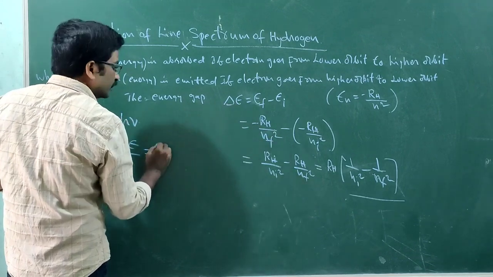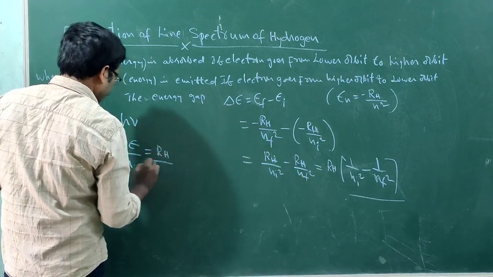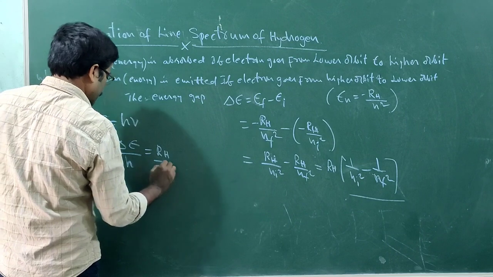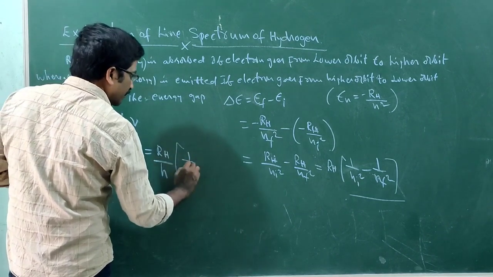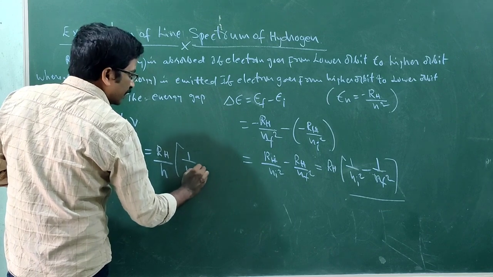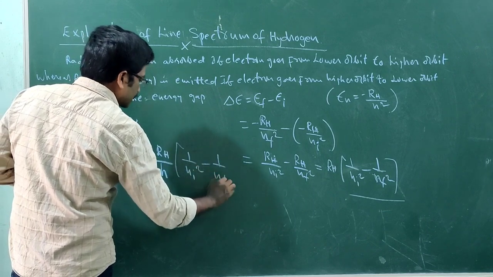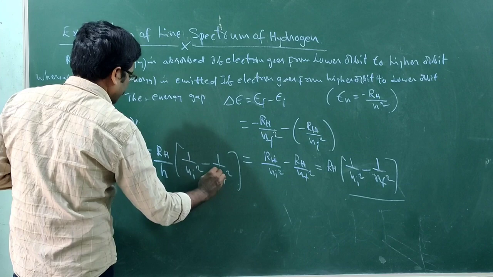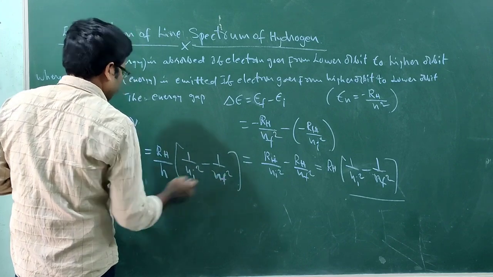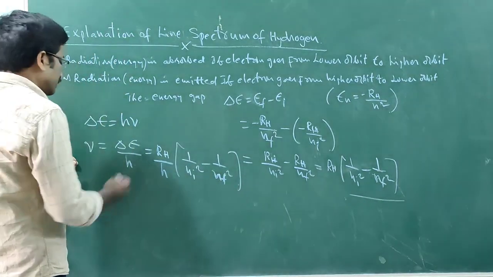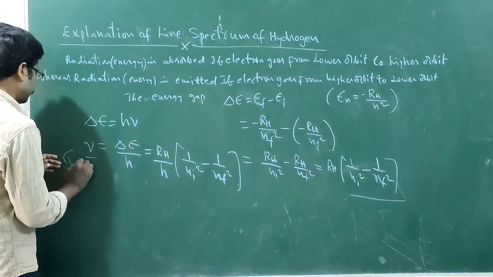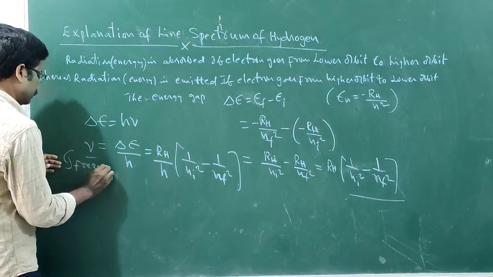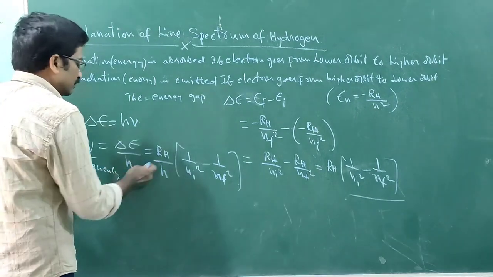This one, RH by h, 1 by Ni square minus 1 by NF square. Okay. Frequency. Nu means frequency.